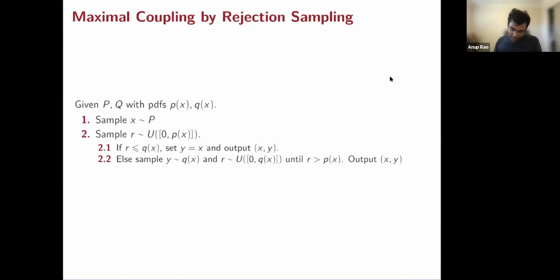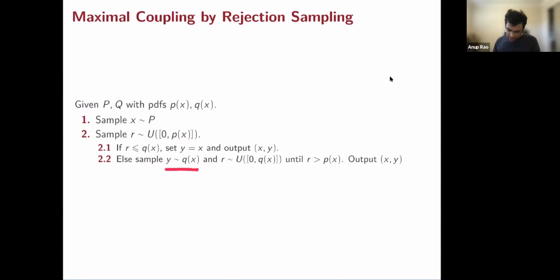We initially sample X from the distribution P. Then we sample a uniformly random number in the interval 0 to P of X. If the sampled random number is less than the PDF of Q at X, then we just set Y equal to X and output X equal to Y. That's the case when X is equal to Y.